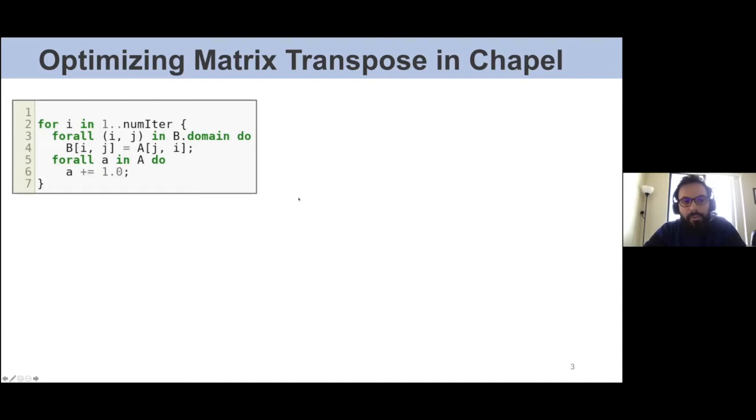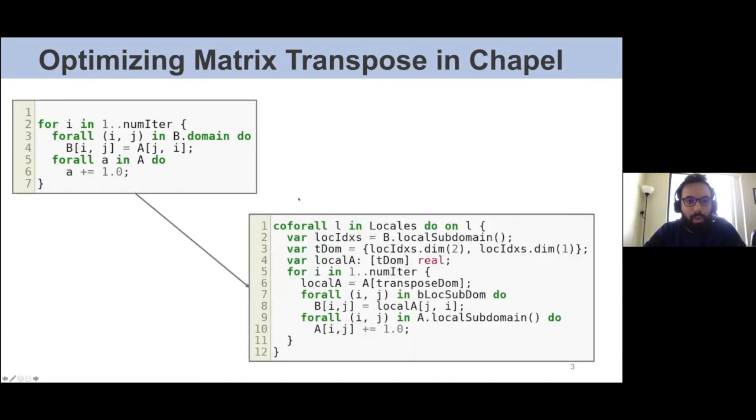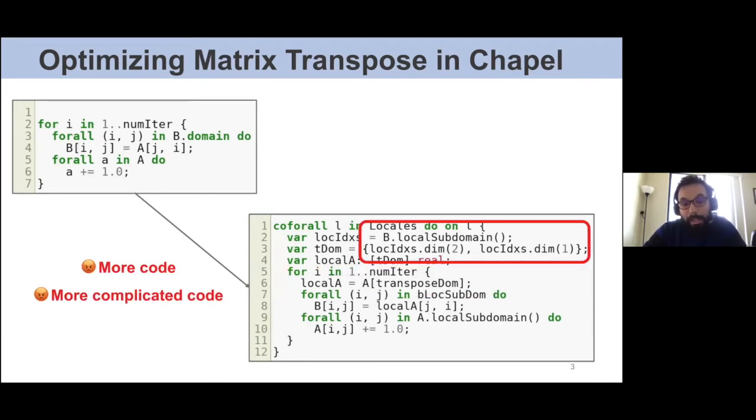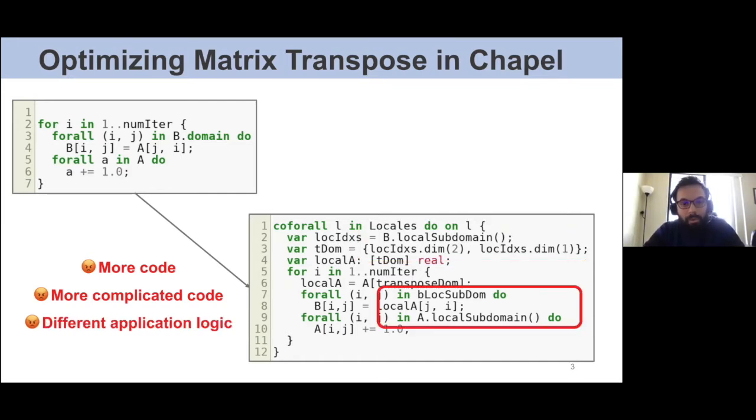But if you want to go to distributed memory, what you would want is probably something more like this, where you have more code, more complicated code, not just more typing, but more thinking and more knowledge and expertise. And maybe more importantly, you have a different application logic.